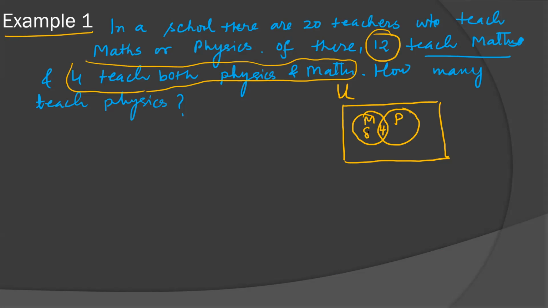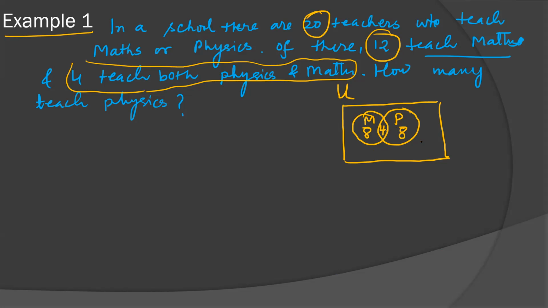So 8 will be here, because a total of 12 teachers are teaching mathematics. Out of 12, 4 teachers are teaching math and physics both, so the remaining 8 teachers are teaching only mathematics. There are total 20 teachers, and 12 are already included. So here there will be 8 teachers in physics only. Then 8 plus 4 plus 8 will be 20.